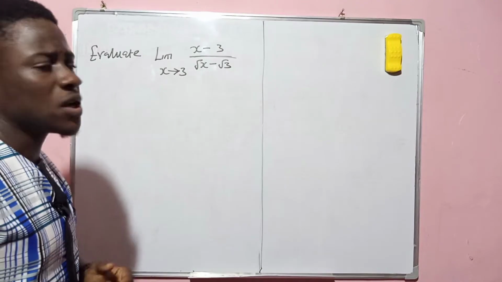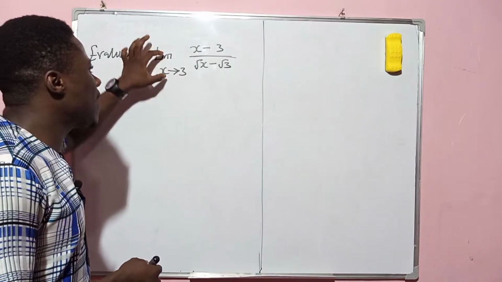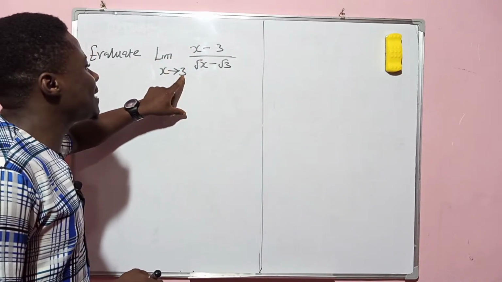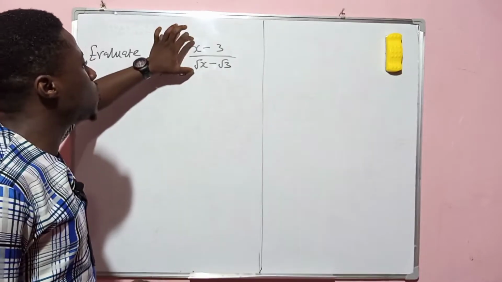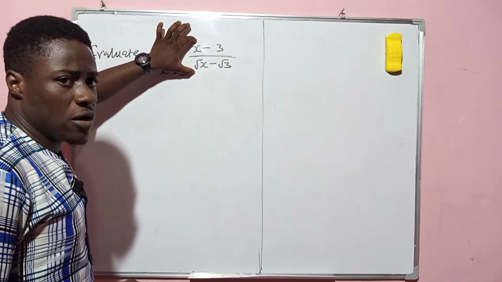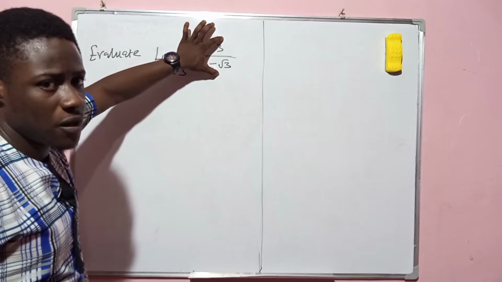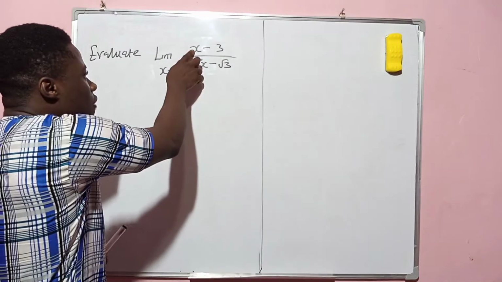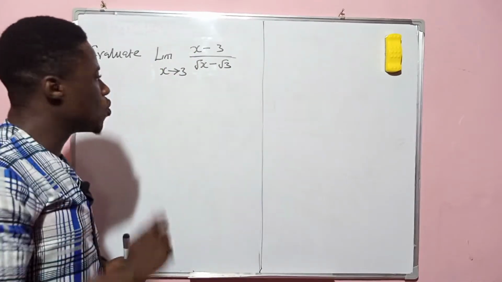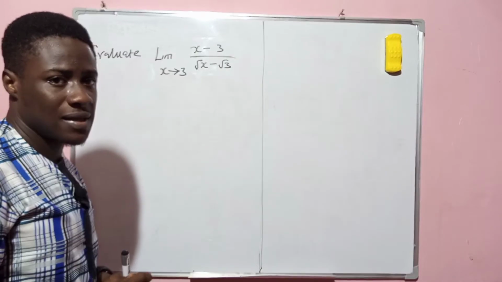When we do that, since x is tending to 3, we substitute for the value of x in this expression. Whichever place we see x, we remove it and substitute with 3.